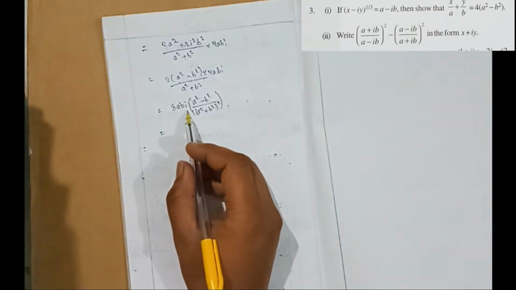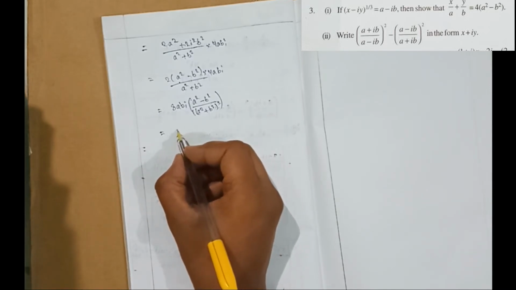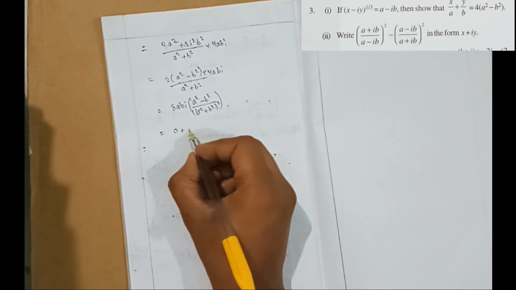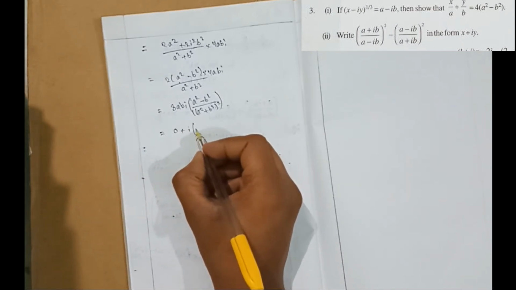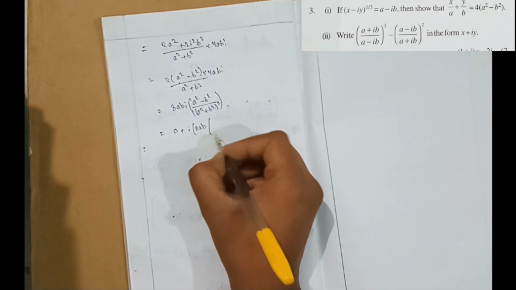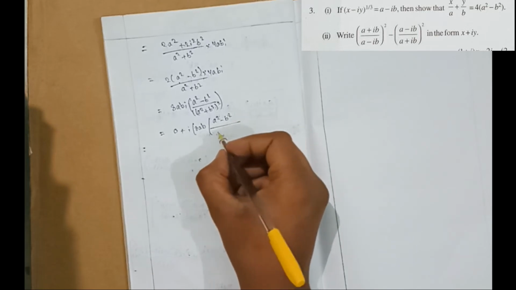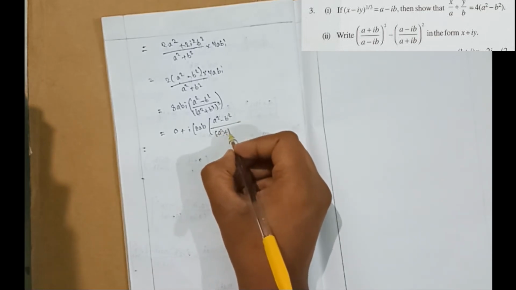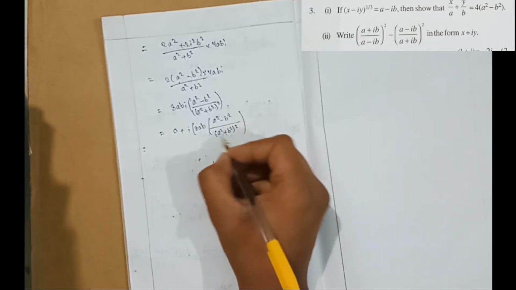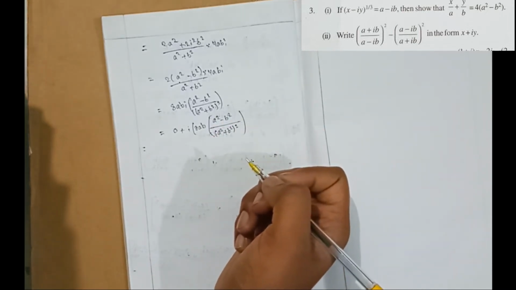Here we have only the y part of the equation, so we assume the x part will be 0. So x is 0 plus i of 8ab of a square minus b square by a square plus b square whole square. Okay.